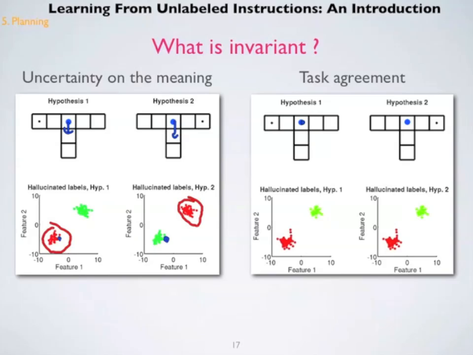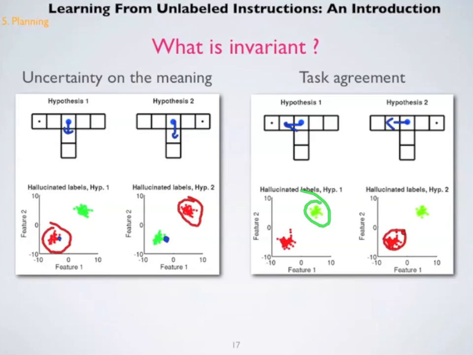And the exact same idea holds for the task agreement case. In this case, the optimal action would be, for example, to go left. If you go left, hypothesis 1 expects to hear a yes, so it expects a signal in this area of the space, while hypothesis 2 expects to hear a no, because it is going away from the goal.